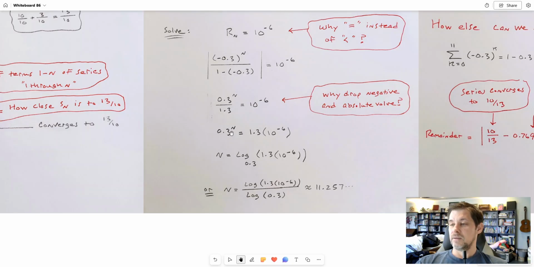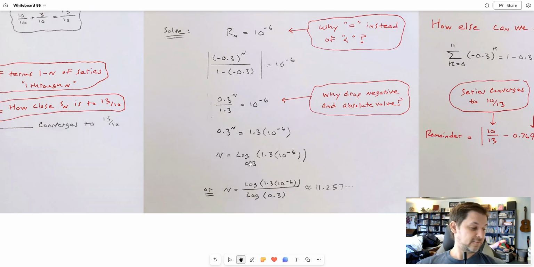Logarithms is something you learn about in algebra. I wouldn't mind reviewing that at all, but the way that would work is that if 0.3 to the n power is this number, then n is log base 0.3 of that. Which you may evaluate in your calculator directly.